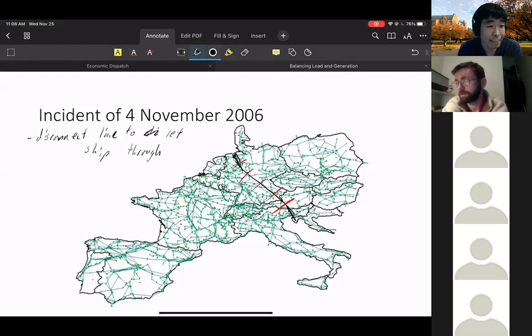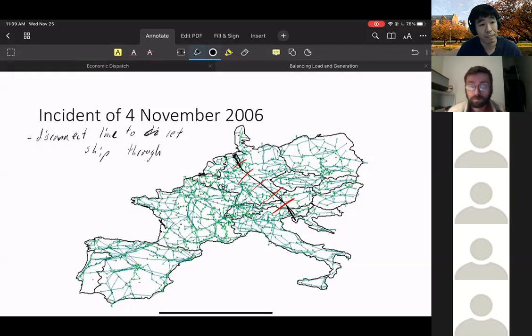So what happened this day? The ship says, okay, I want to go through this. And somebody said, okay, let me disconnect the line. What they did not figure out that day was that if they disconnected the line, there's not enough power flowing from west to east, or from east to west.